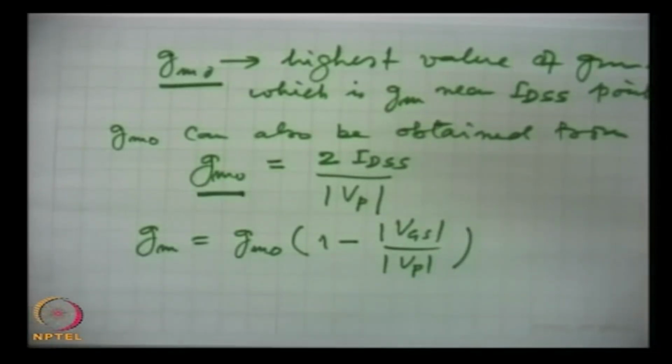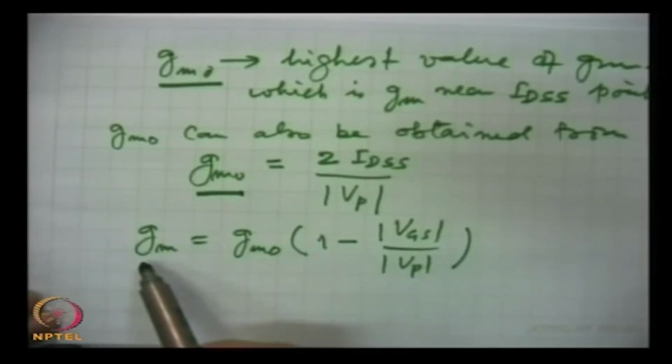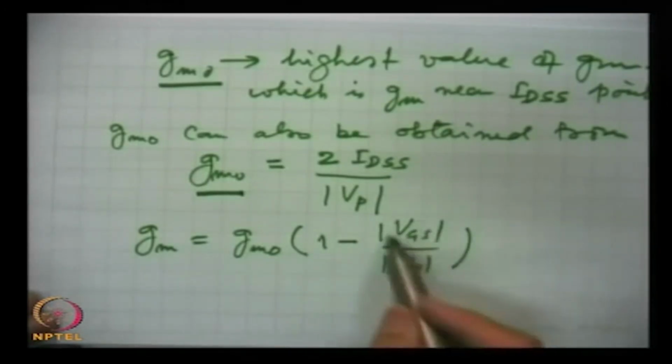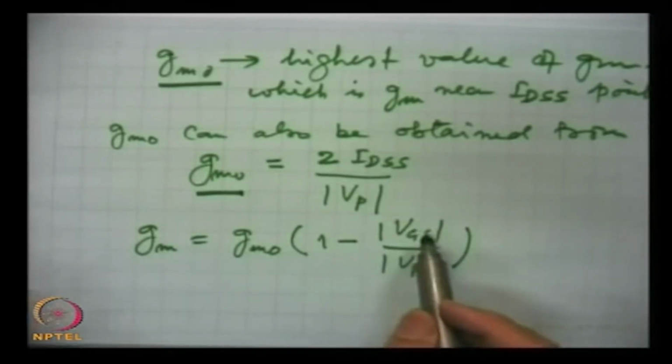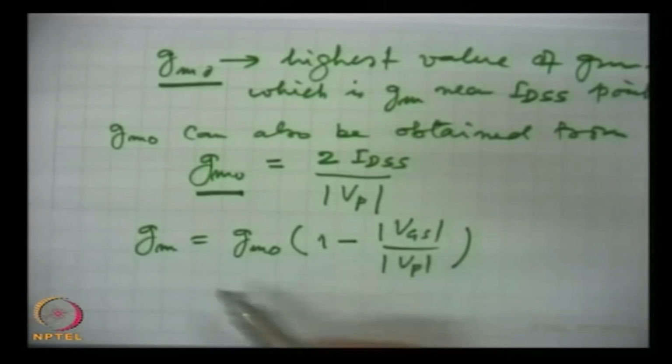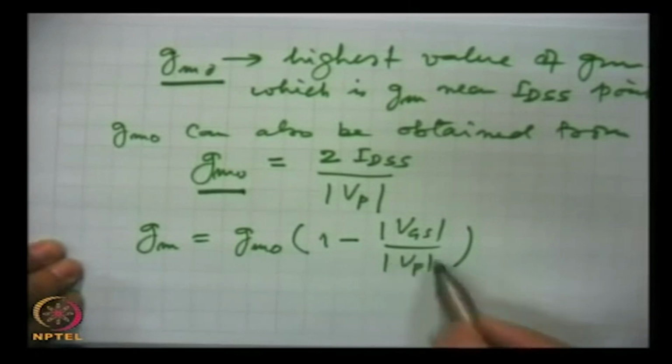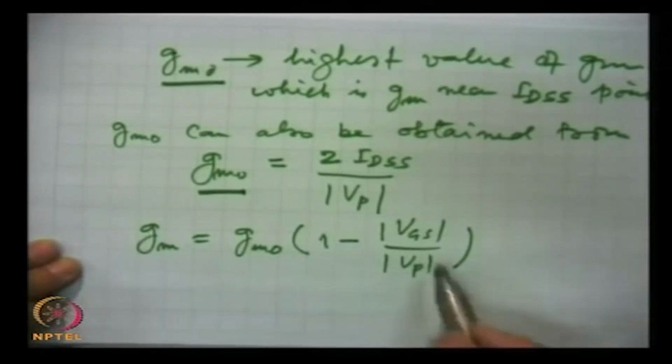This is the equation which can be used to get the value of transconductance parameter from GMO by substituting the value of gate source voltage at which we require this value, where here Vp is the pinch off voltage.